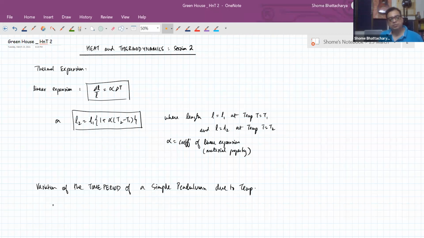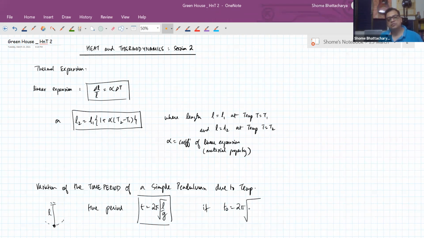So we know that for a simple pendulum that oscillates like this, the time period is given by the formula 2 pi under root L by g. So if this is the time period at temperature T naught, the length is L naught.